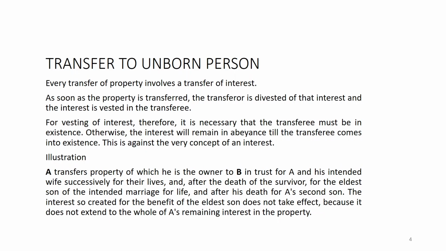So, the interest will remain in abeyance till the transferee comes into existence, and this is against the concept of an interest. That means, if a transfer is going to be made for a person who is unborn, suppose someone makes a will saying that I am going to give this whole property to my grandson directly, and in between the transfer is not in the hand of anyone.